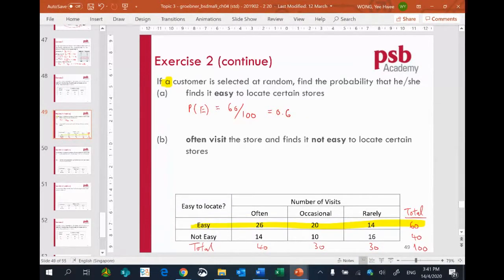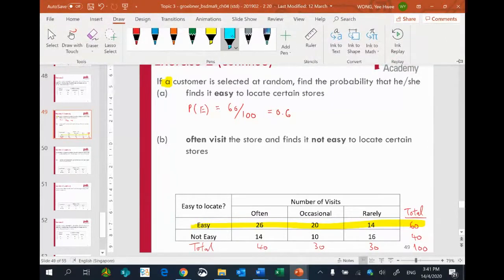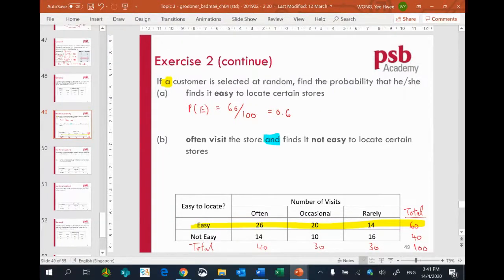Second question, you have a magic word there. The magic word is "and". When you have "what and what", that means these two are going to happen at the same time. So you have often and not easy. Which number fulfills both? 14.